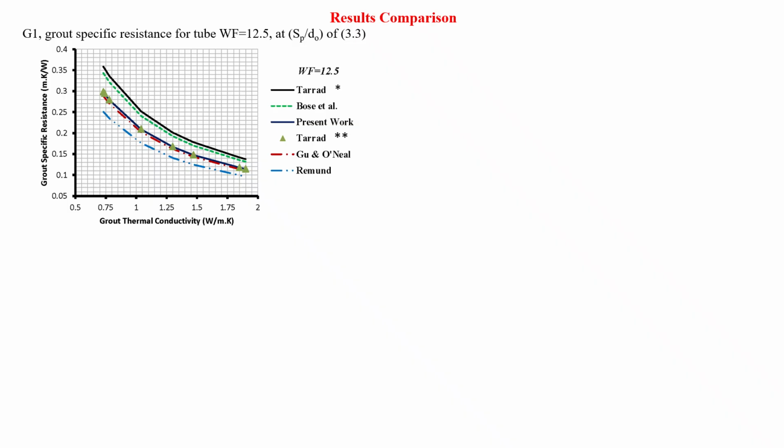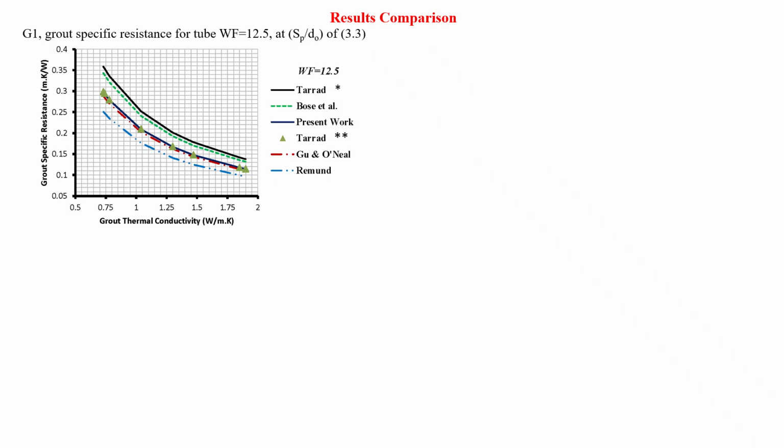The maximum value is around 0.35, where the thermal conductivity of the grout was 0.73, and it has been predicted by Tarad star, a previous correlation, and the minimum was predicted by Raymond.